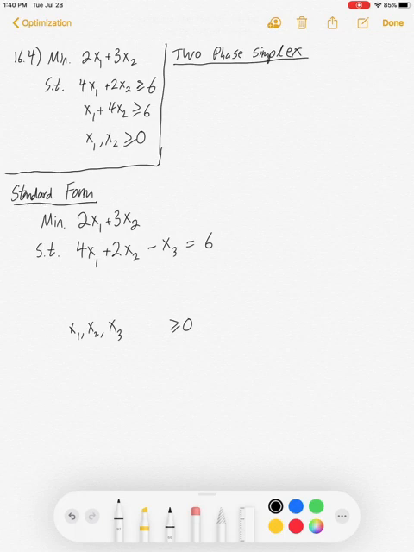And similarly for the next inequality constraint, we're going to replace x1 plus 4x2. Whoops, I copied the problem wrong. This is a 12.